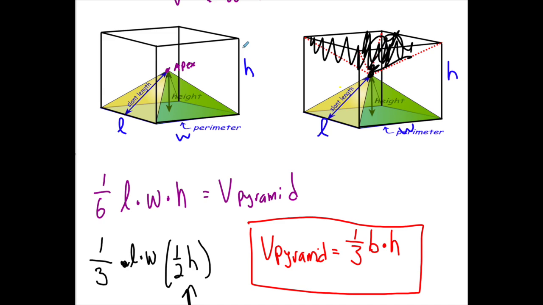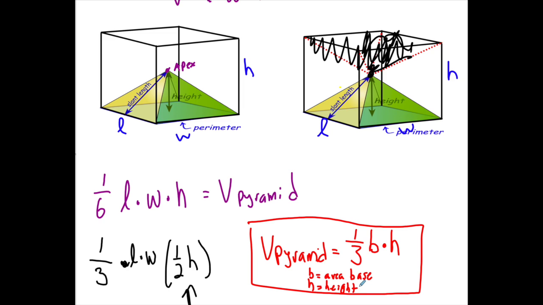Okay, so essentially this is what we need to do. If I want to find the volume of a pyramid, I take the area of its base. So remember, B is the area of the base. I multiply by the height, right? And then it's 1/3 of that.